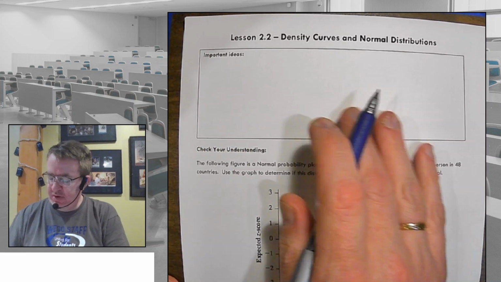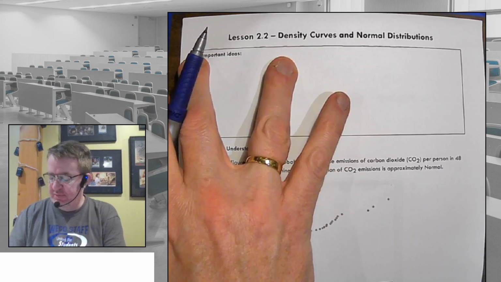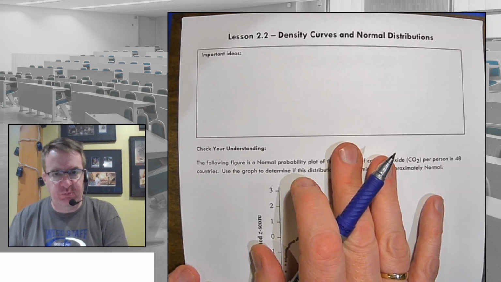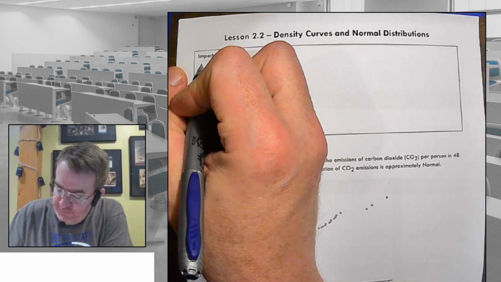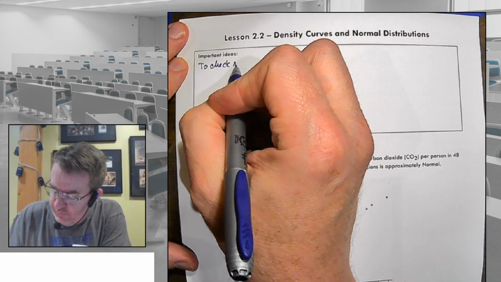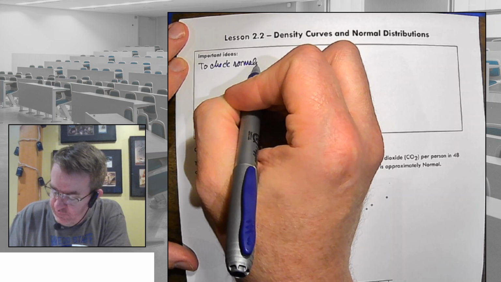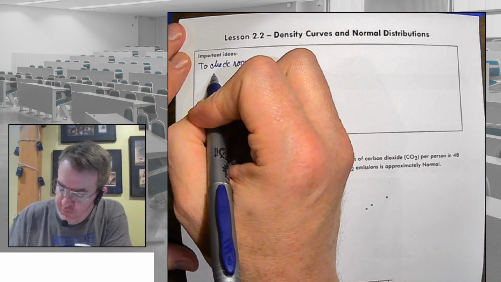We've kind of got one big one. I'm not going to put any lines down, but we're going to try to keep things in about a third, and then we're going to have some room for that normal probability plot over here. So, to check normality, you can do it by a graph.